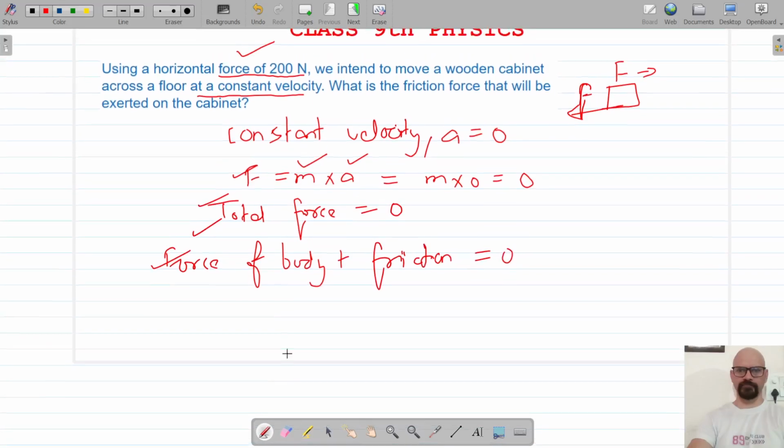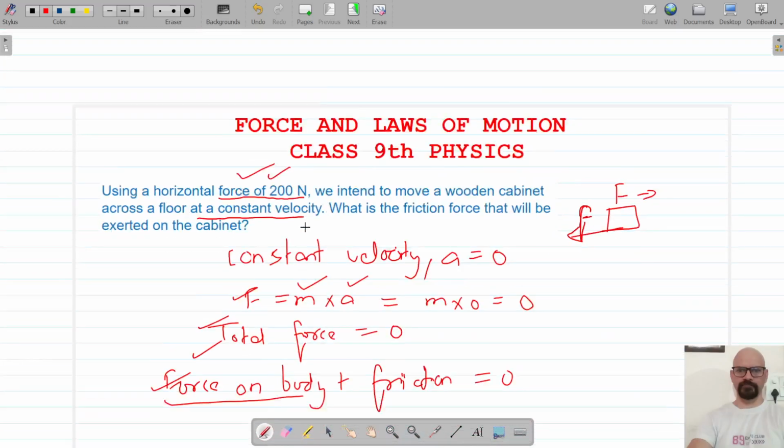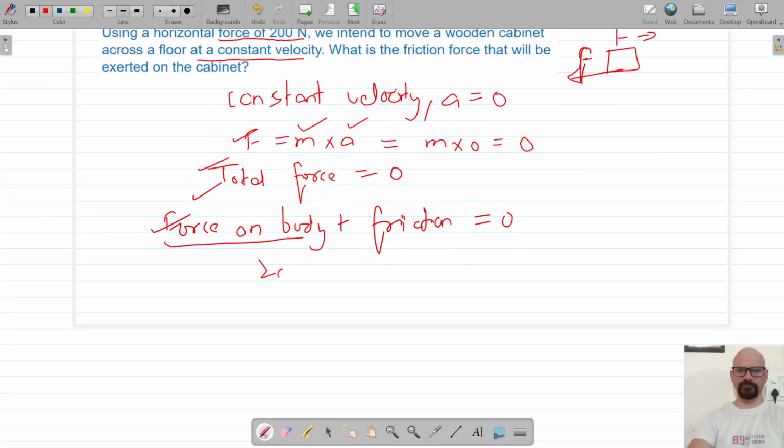Now, the force on the body is given as 200 Newton. So this is 200 Newton plus friction is equal to zero.